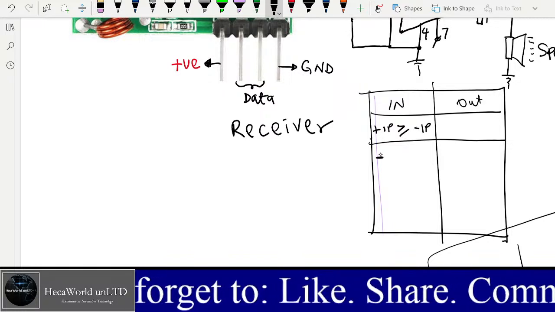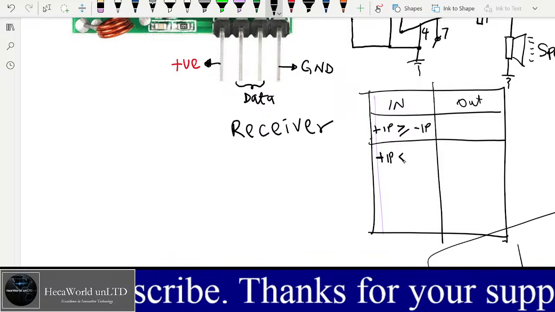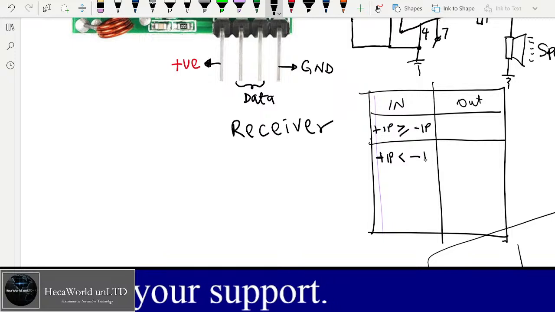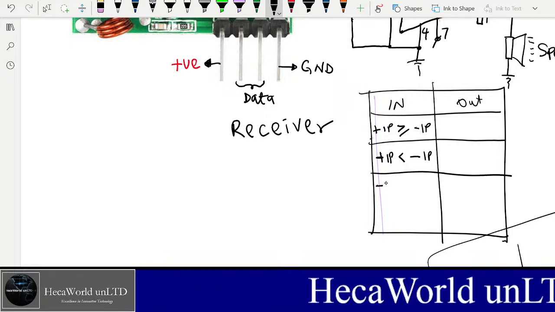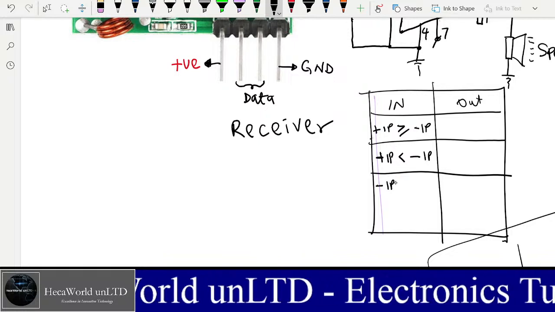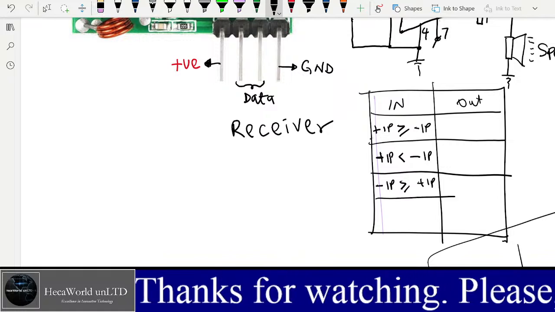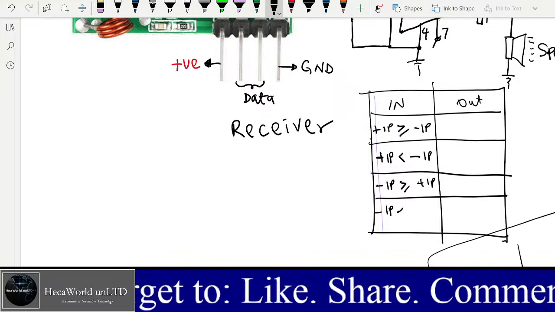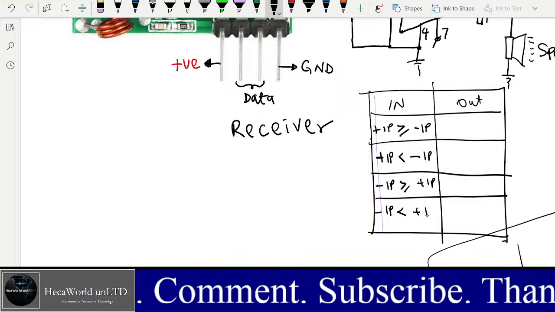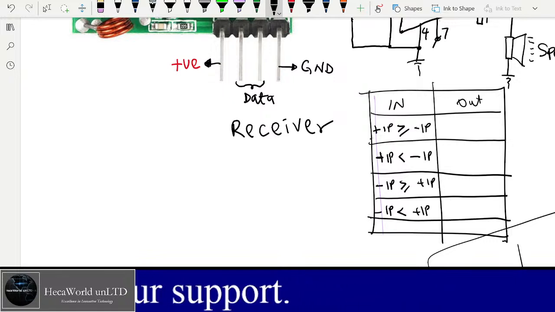If positive input is less than negative IP. If negative input is greater than or equal to positive input. If negative input is less than positive input. There are different conditions here.